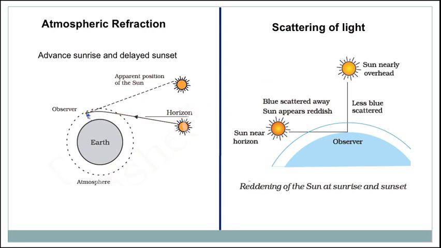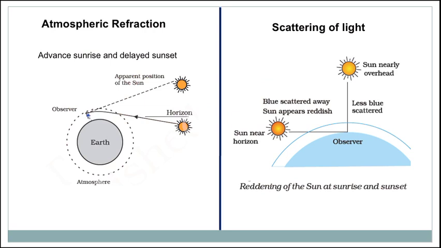The next part you see is scattering of light, which is again related to dispersion. We know that the color of the sky is blue because blue has a lower wavelength as compared to other lights like red. Light having a lower wavelength scatters more, thus the color of the sky is blue.